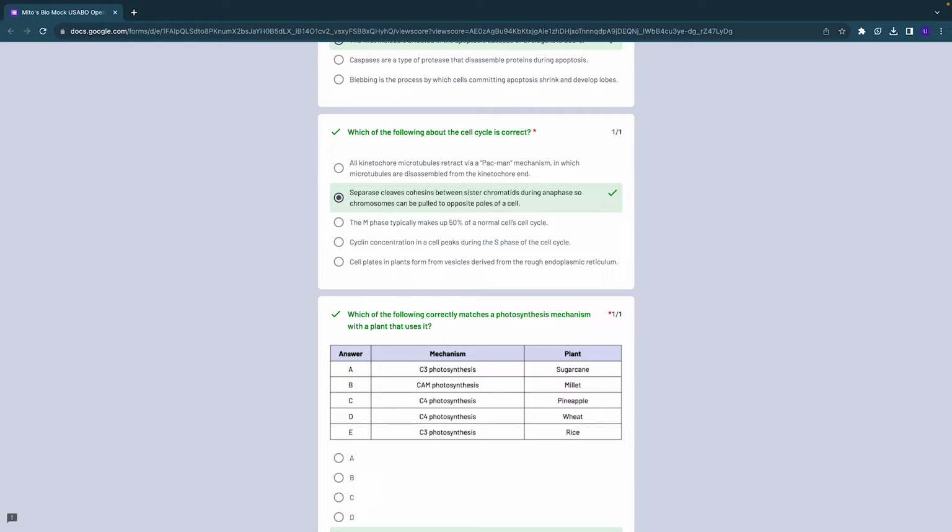A lot of that's the other time spent in G1, S, G2. Cyclin concentration is not going to peak during the S phase. It's going to peak in mitosis. Cell plates in plants form from vesicles. That's not true. They form from vesicles from the Golgi. So, yeah.